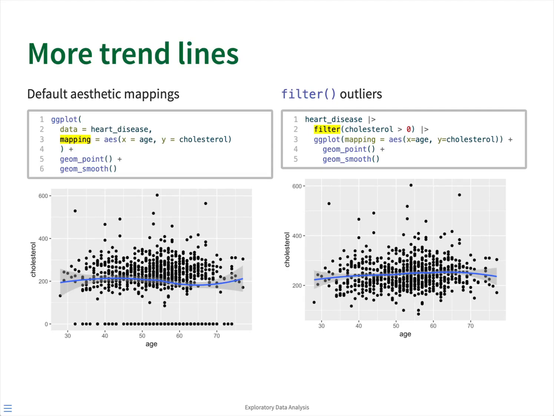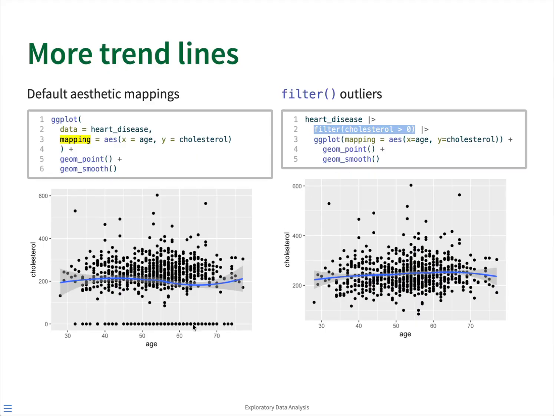The other nice thing about ggplot is that because it's part of the tidyverse, it expects data as the first argument. That means we can pipe a data frame to ggplot, which means also we can pipe the output of any function that creates a data frame.